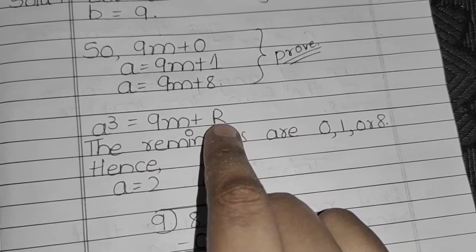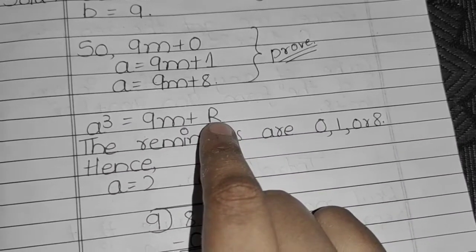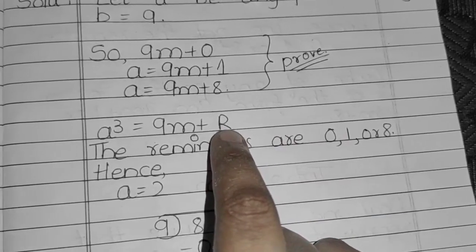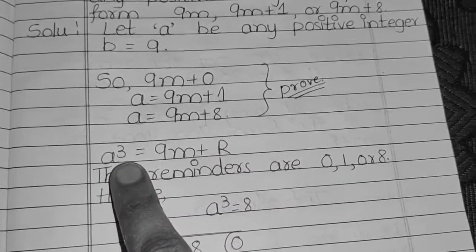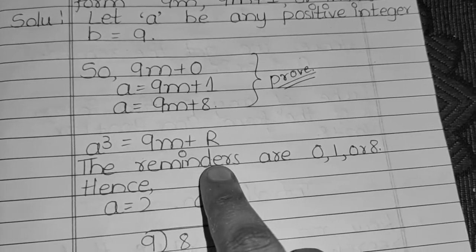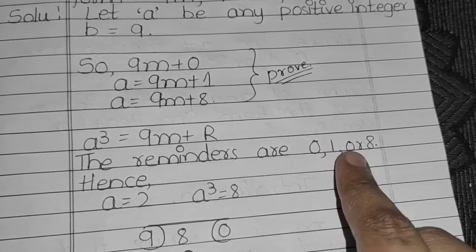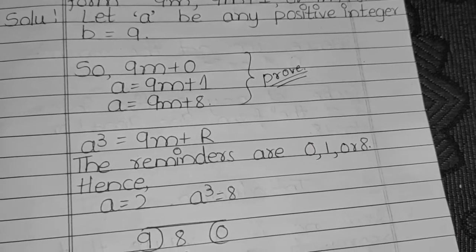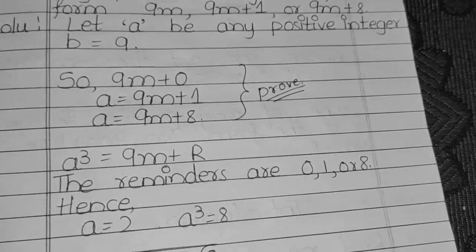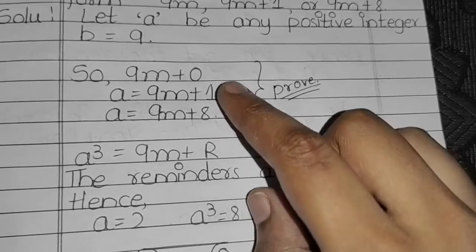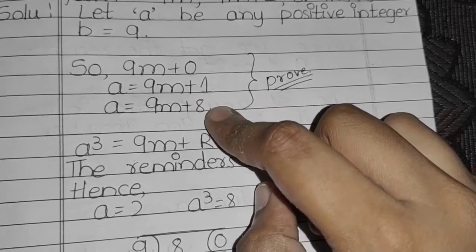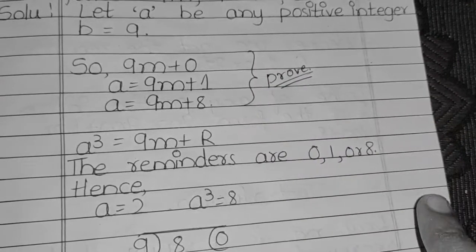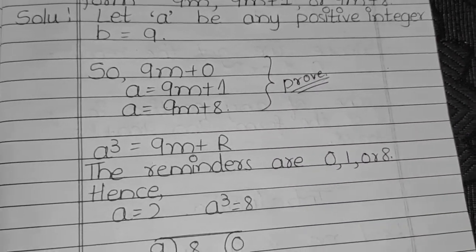This is according to our Euclid's division algorithm, but we have changed it into cube because of the question. They have already given us the remainders in this question, so we will write down 0, 1 and 8. After plus you will be having r, so those are our remainders, 0, 1 or 8.